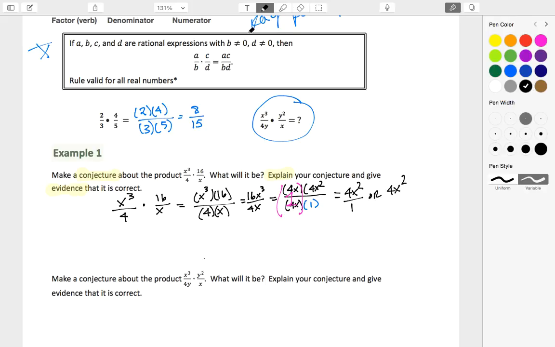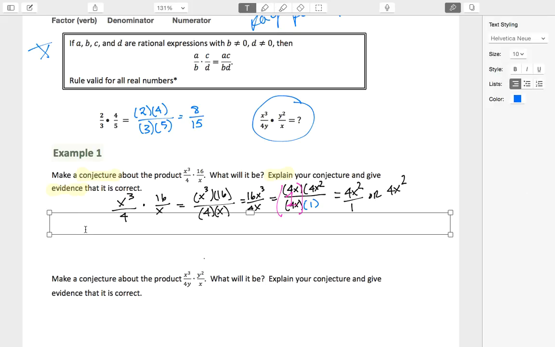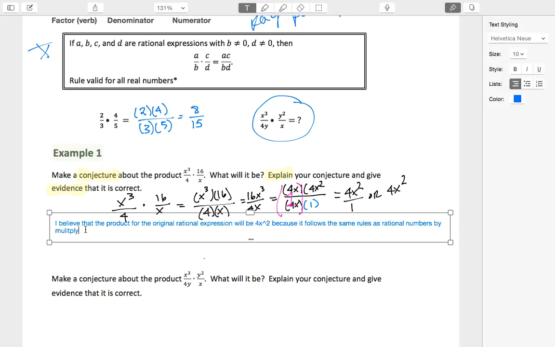So then it tells you here to make a conjecture. So what I'm going to say here is I believe that the product for the original rational expression will be 4x squared because it follows the same rules as rational numbers by multiplying the numerator and denominator, and then simplifying.